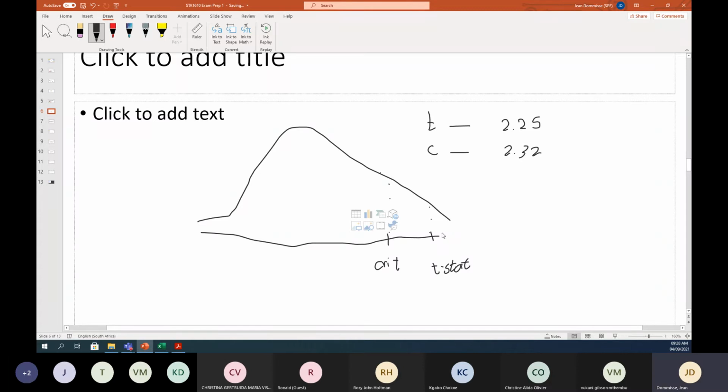Let's add another one-tail critical so that we can check all of the scenarios.